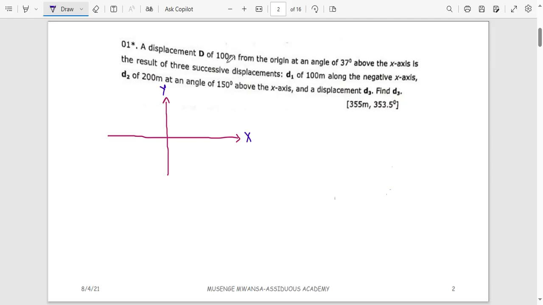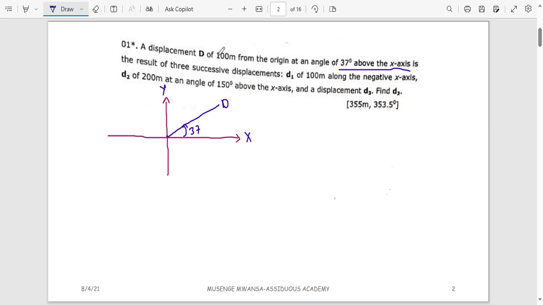So vector d is 100 meters at an angle of 37 above the x-axis. So this is the x-axis, make an angle of 37 above it. It's going to be something like this. So this is the angle 37, this is vector d, and that's the resultant, capital D.